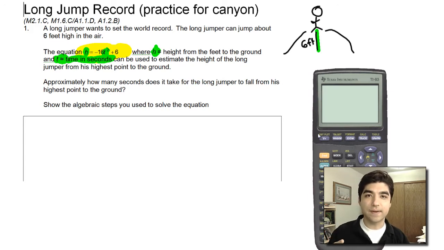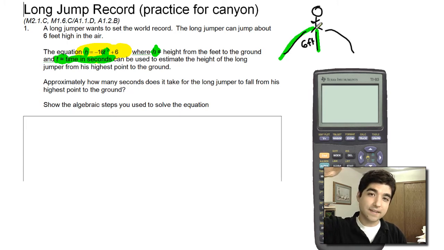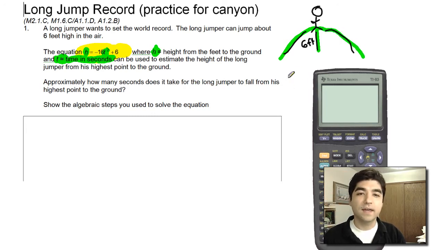So obviously you can imagine as someone jumps up in the air, they're going to go from 0 feet off the ground to their maximum height up in the air, and then they're going to start coming back down. And this is all going to take a certain amount of time. So think at the beginning that is 0 seconds, 0 height.